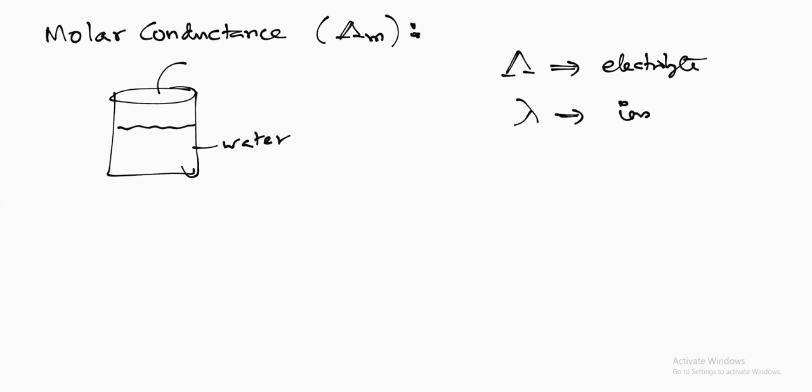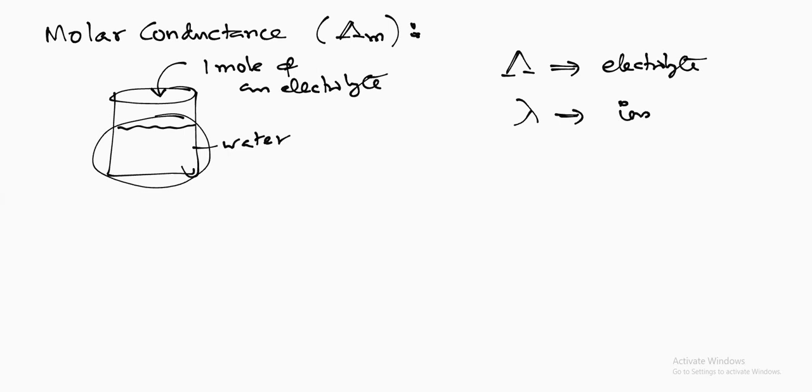Then dissolve 1 mole of an electrolyte, and measure the total conductance of that solution. If you dissolve 1 mole of electrolyte in water, you will get a solution. Measure the total conductance of the solution. That is nothing but the molar conductance of that solution.